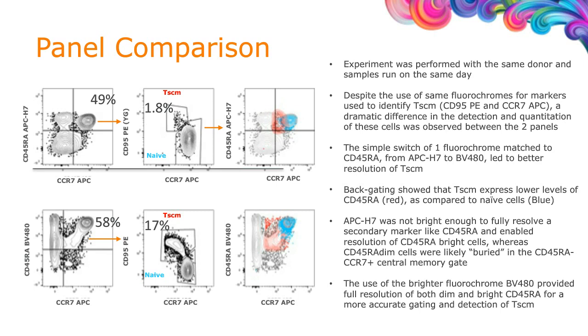But despite the use of that same fluorochrome for markers that we see for the CD95 and the CCR7, there's dramatic difference in detection and the quantification of those different subtypes. And it happened due to a simple switch of one fluorochrome matched to CD45RA from APC87 to BV480.